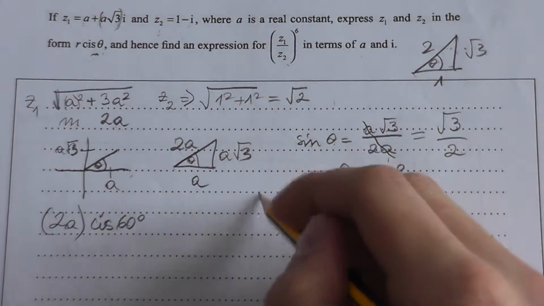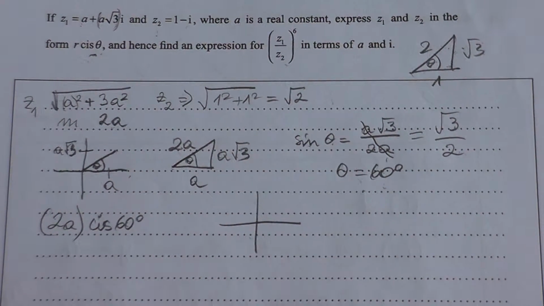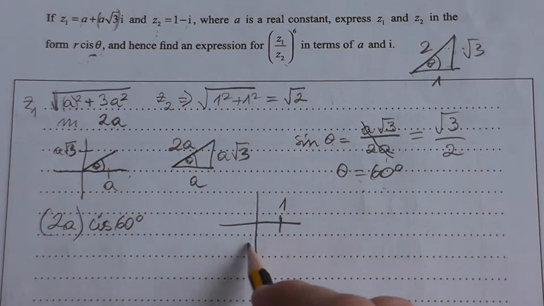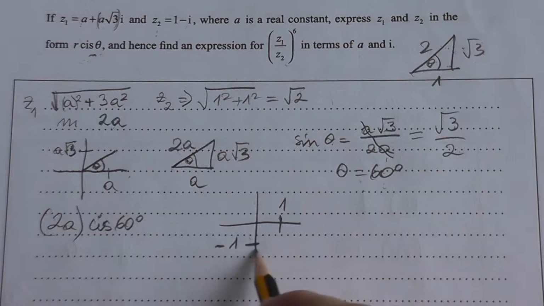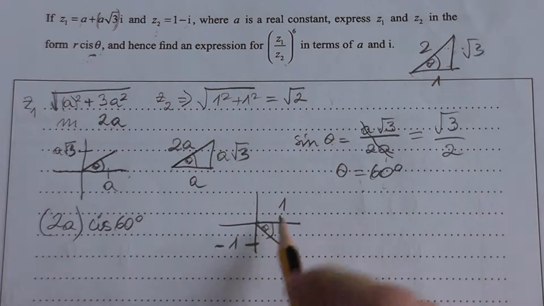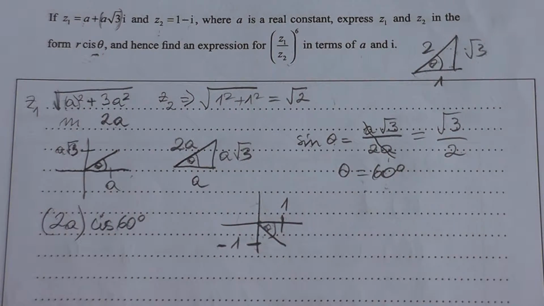Now we need to find the argument for z2. That we're going to do by saying, okay, the real is at 1, the imaginary is at -1, and so we need to find this angle here. Alternatively, you could go this way around, it doesn't really matter.